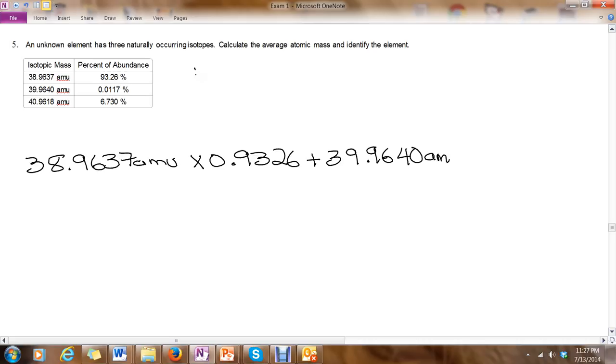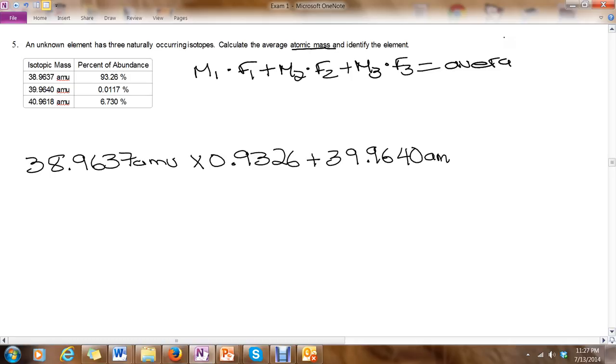So it's the mass of 1 times the fraction of 1, plus the mass of 2 times the fraction of 2, plus the mass of 3 multiplied by the fraction of 3, equals the average atomic mass. This is the formula you need to know.